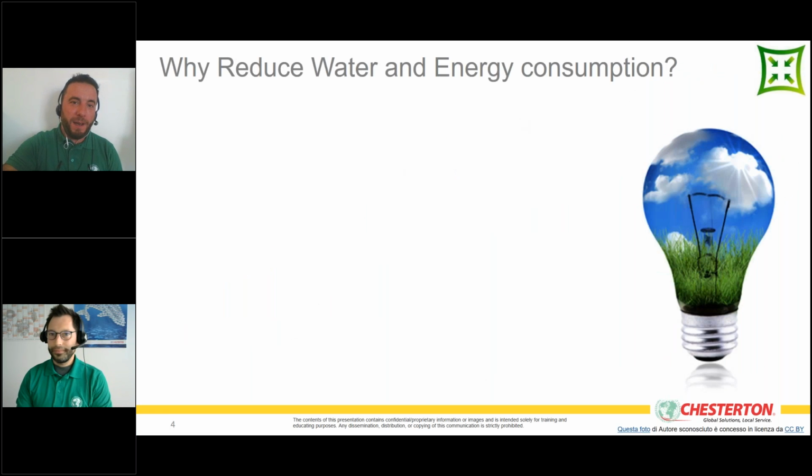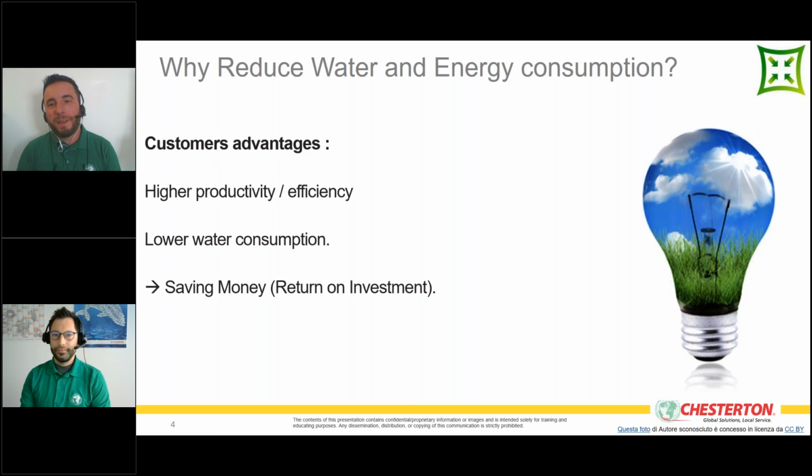Okay, so why is it interesting to reduce water and energy consumption for the industrial plant? Because we will see today some examples in many different lines with higher productivity and higher plant efficiency, lower water consumption, and reducing the energy means, generally speaking, saving money.